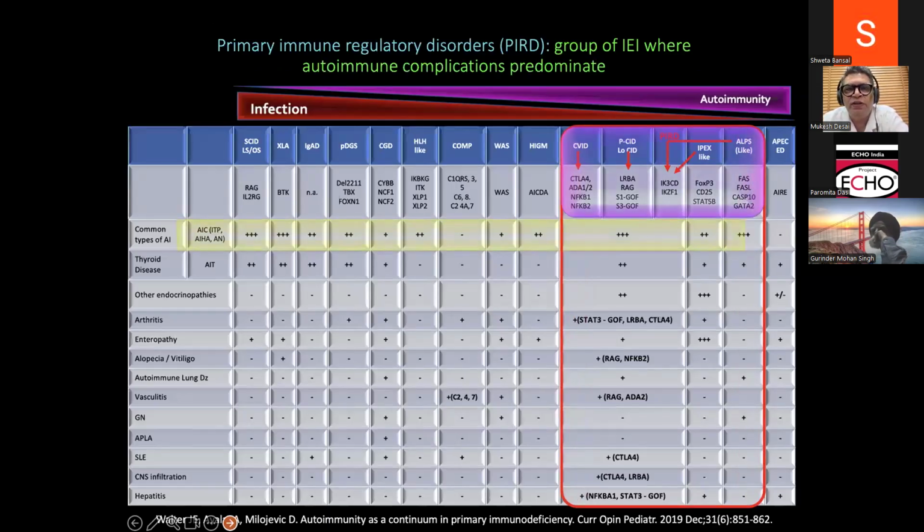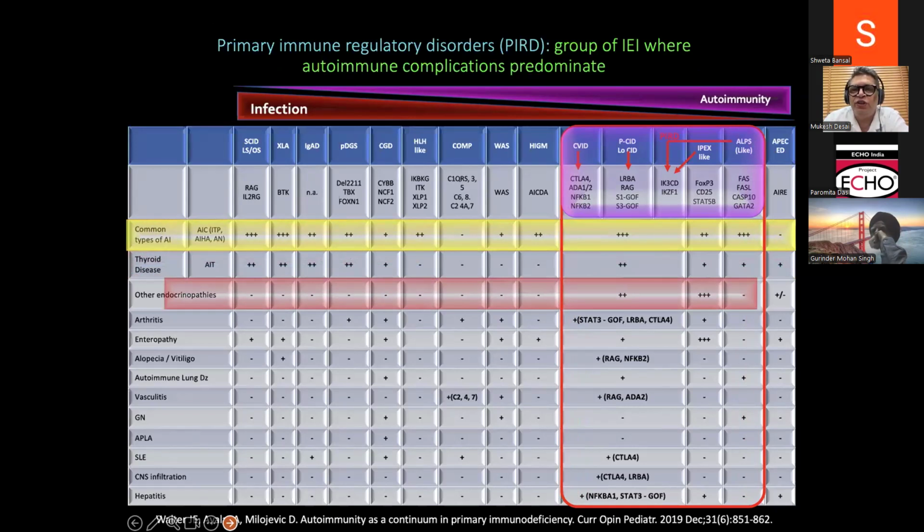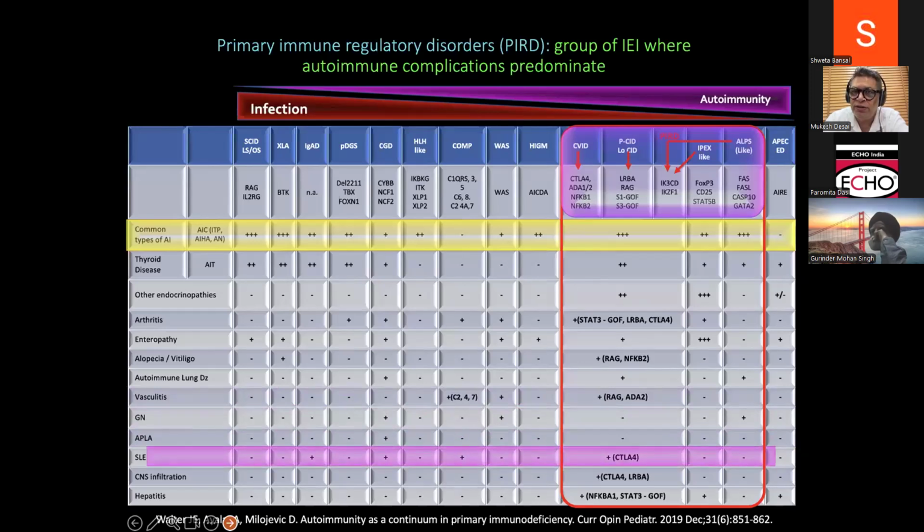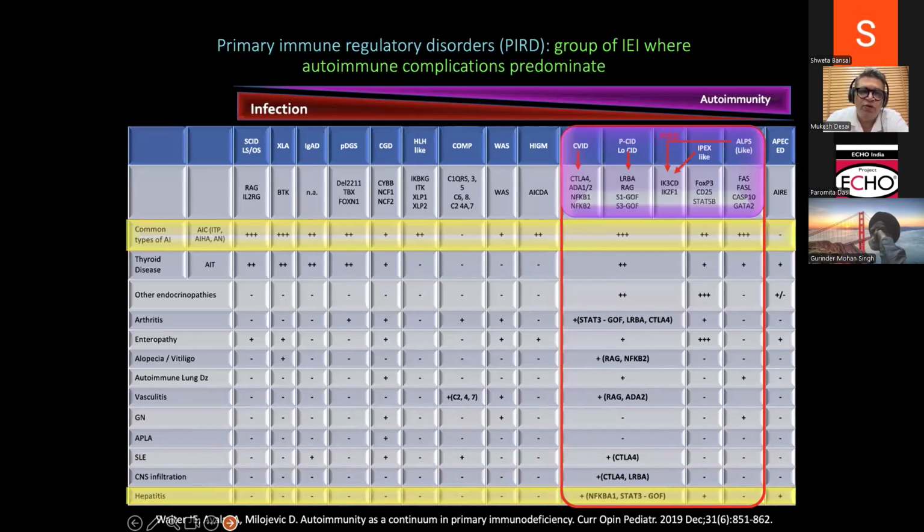Well, this cartoon will show you the type of immune deficiencies which you see in patients of inborn error of immunity. If you see on the upper side, you would have realized that patients who have immune dysregulatory disorder, now called primary immune regulatory disorders, have more autoimmunity and less infection, while those who have immune deficiency states have more infection and less autoimmunity.